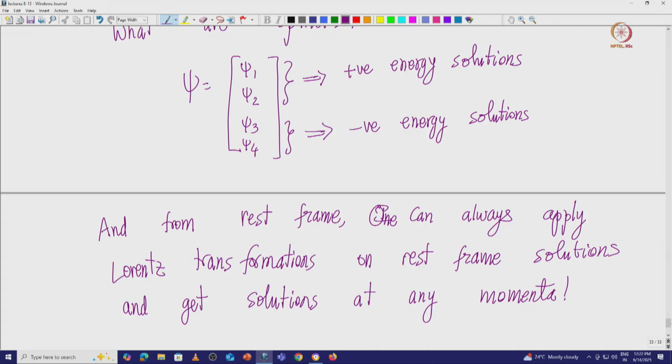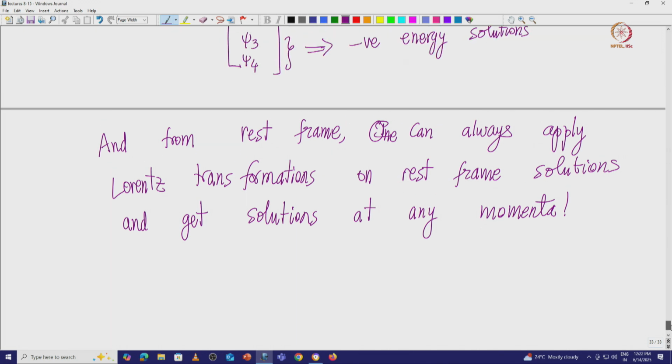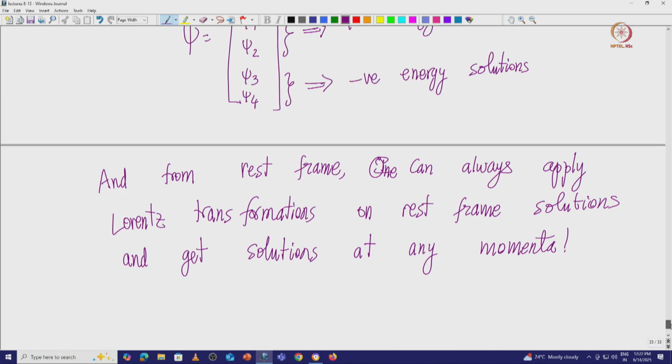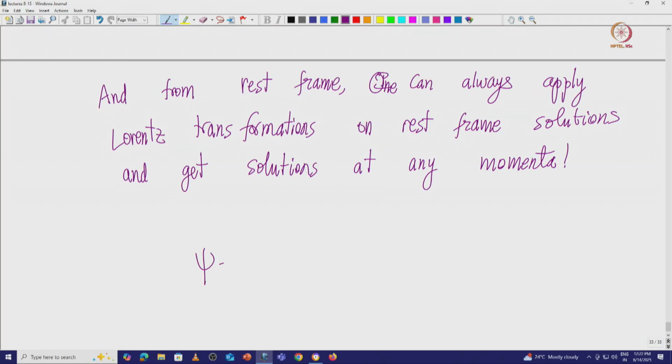But before doing that, we need to understand a little bit more what these are called essentially. What is the relation between this spinor space and Lorentz transformations? So psi I can replace in terms of u of xt, v of xt.